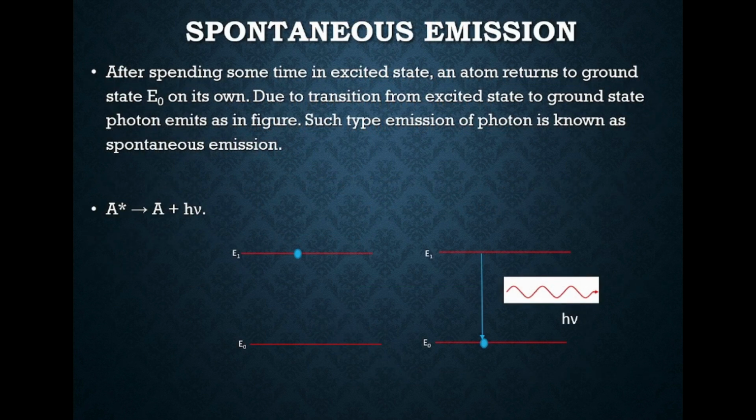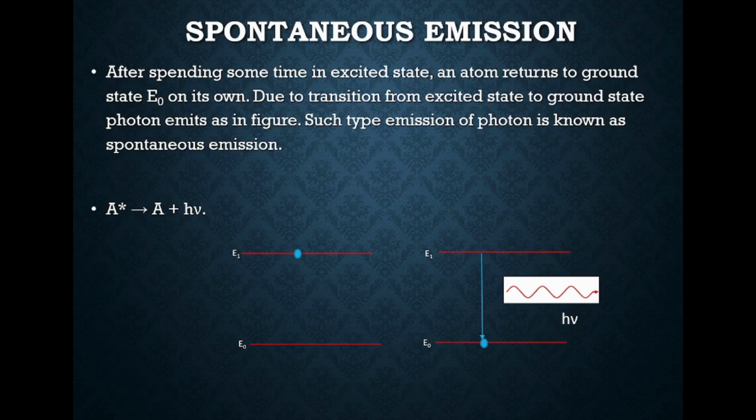The next point is spontaneous emission. So the question in mind is, what is spontaneous emission? In absorption, we studied that the atom is in the ground state, absorbs energy and goes into the excited state. So that atom should come back to the ground state.